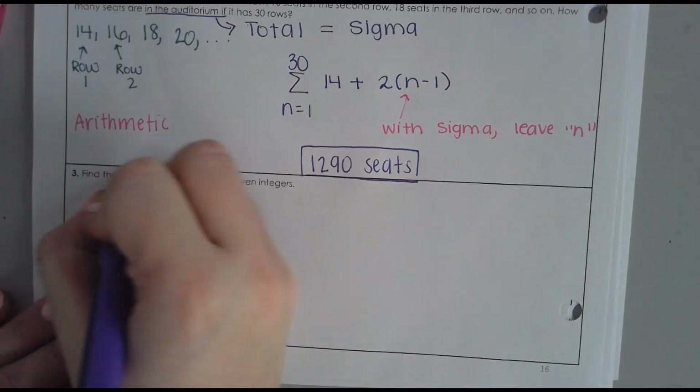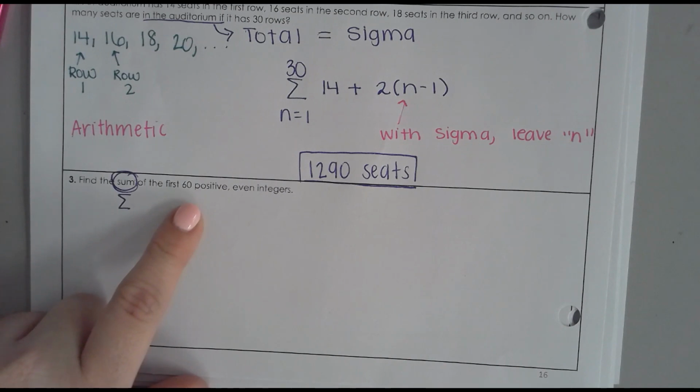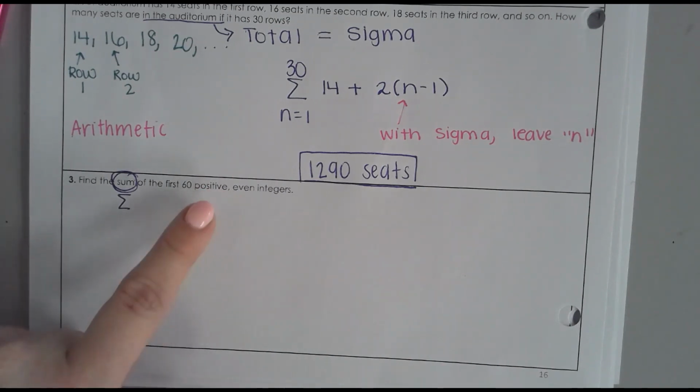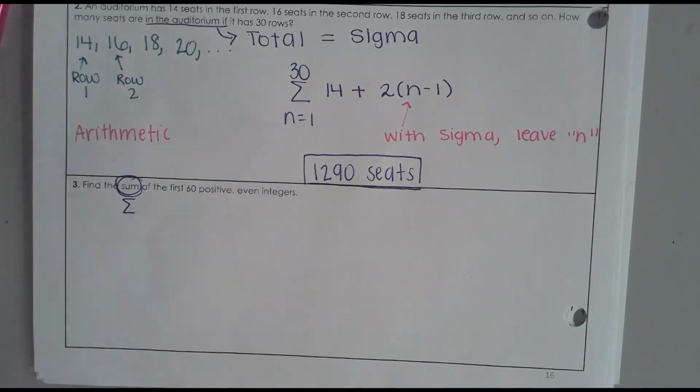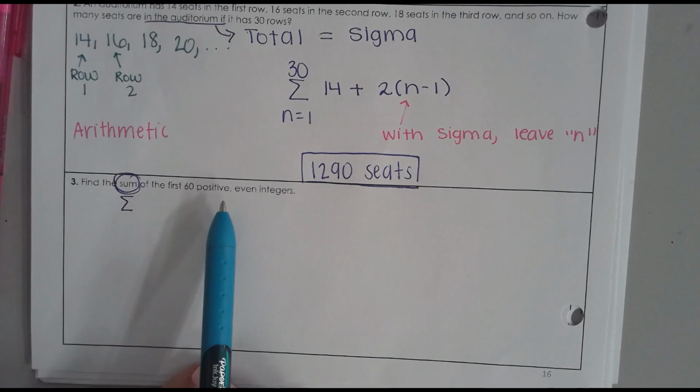Number 3. This one's a little different. I know I'm going to use sigma. Find the sum of the first 60 positive even integers. Oh, what in the world is that? Positive, right? It's bigger than 0. So even, what are even numbers?